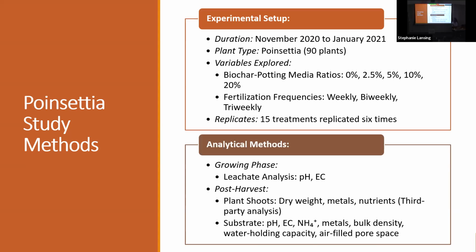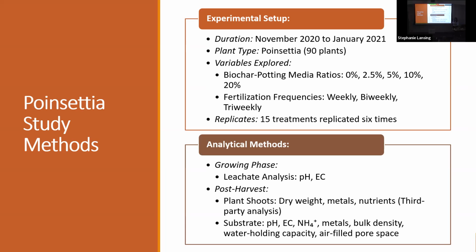So the methods for this study specifically, this was done in winter of 2020, 2021, with 5 different biochar ratios: 0, 2.5, 5, 10, and 20%, with 3 different fertilization frequencies using your standard greenhouse NPK balanced fertilizer with an NPK ratio of 17-5-17, at rates of weekly, every other week, and every 3 weeks, with 6 replicates.